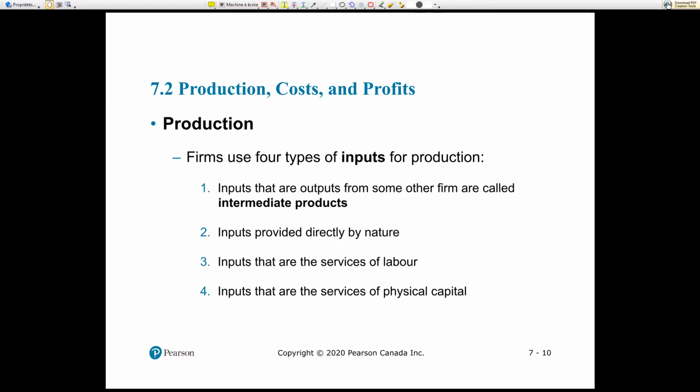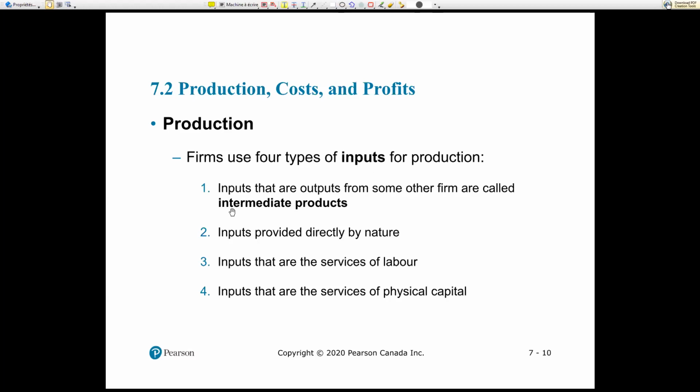All right, so the firm produces, of course, and to produce, you need what we call inputs in production. Just as consumers consume things like food and clothing, firms produce, and to produce something, they have production inputs.